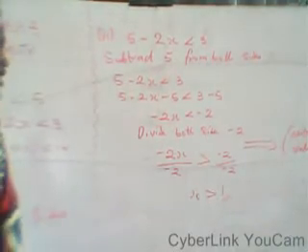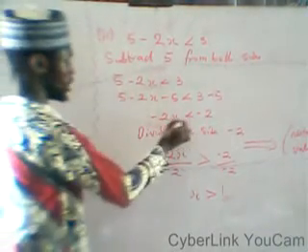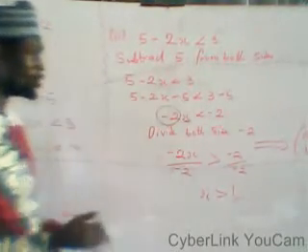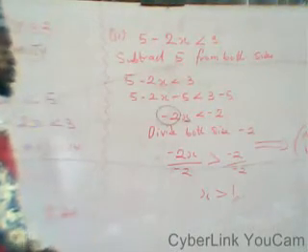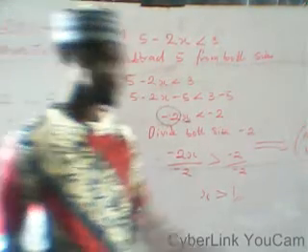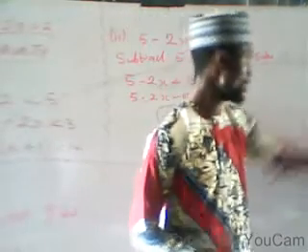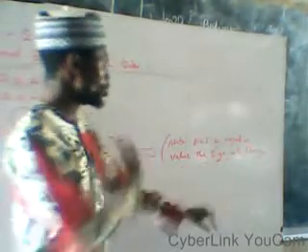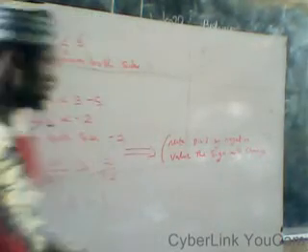We have to divide both sides by the coefficient of x. What is the coefficient of x? That is 2. We have to divide both sides by 2. Now, another thing coming. Whenever you are dividing by a negative value, the sign of your inequality will change.